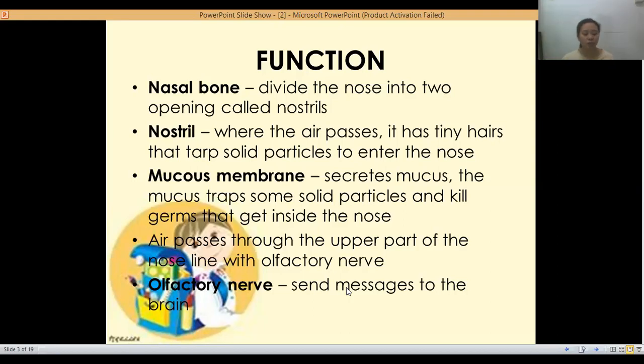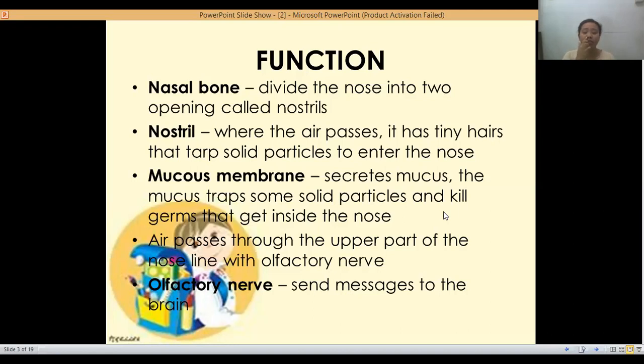Also, your nose is your sense organ that helps you tell the odor of a thing. There are times when you might lose your sense of smell. This happens when you have a cold. The passages in your nose may be blocked.